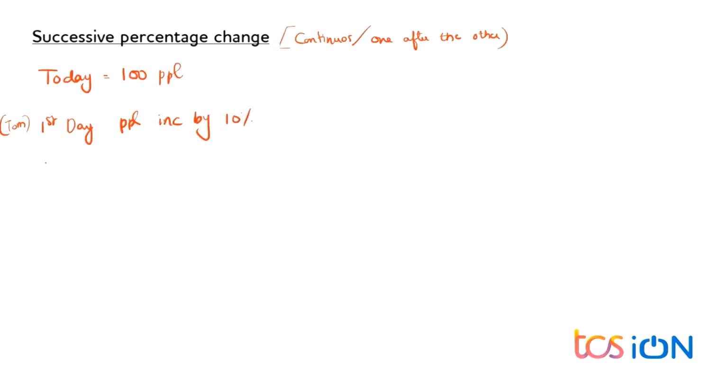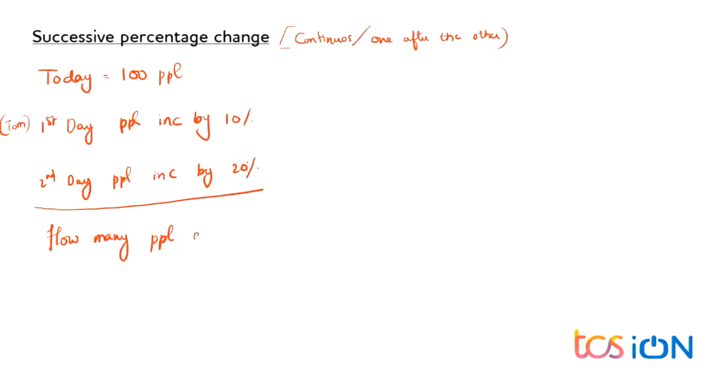On day one. Now, after day one, which is day two, people got increased by how much percentage? This time 20%. So the question I would be asking is a very simple one. How many people are there after 2 days? That means by the end of the second day or the third day starting.